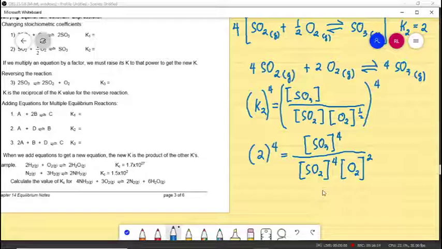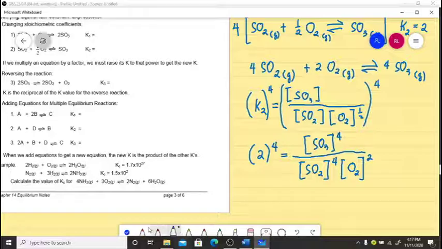So what happens when you multiply particularly the equation by a certain number? You raise the value of k sub c, in this case k sub 2, to that power to get the new value of the equilibrium constant. Okay? So that's the case there.